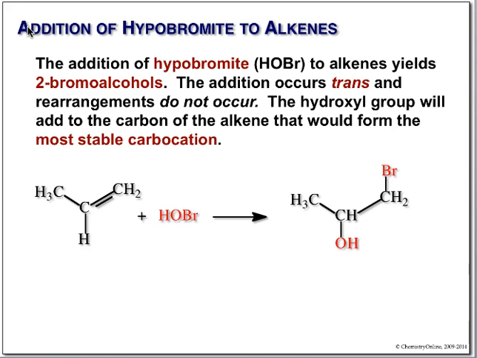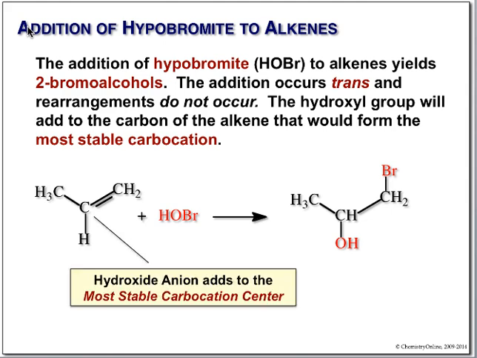Now I'm going to say that this has Markovnikov regiochemistry relative to the hydroxyl group. What that means is that hydroxide is going to add to the carbon on the alkene that would give us the most stable carbocation.